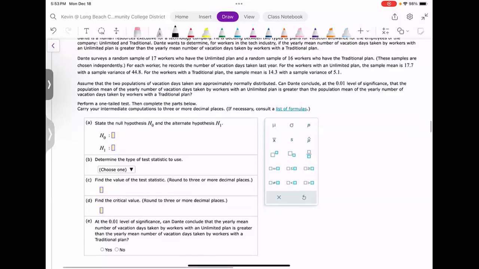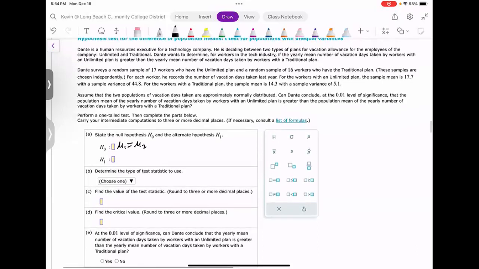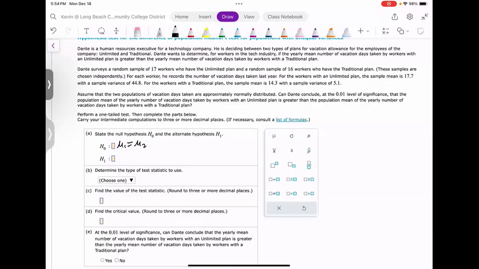So let's write down our null hypothesis. They want to know if the unlimited is larger. Is greater than. So mu sub 1 is larger than mu sub 2.